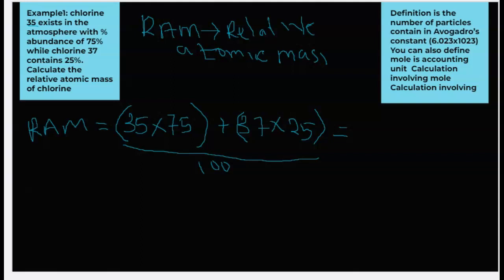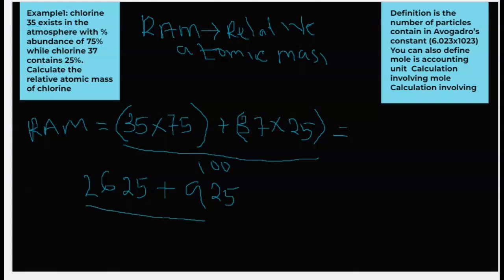35 times 75, let me confirm from the calculator, because we cannot do this overhead. We get 2,625, plus, when we multiply 37 and 25, we get 925.